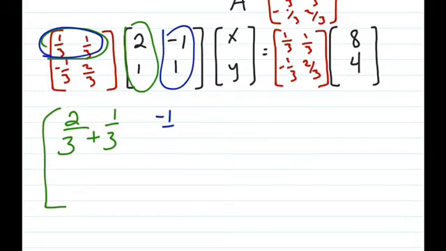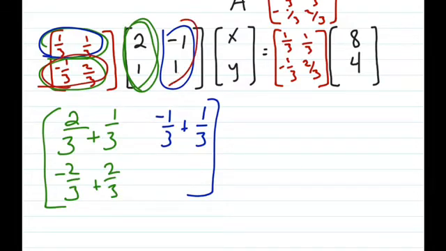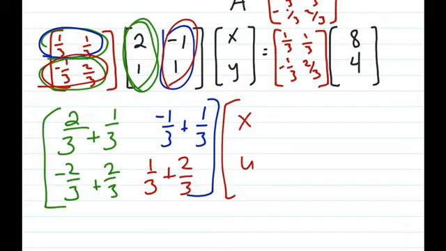So we're going to have negative 1/3 plus 1/3. Then we're going to do this row times the first column. So negative 2/3 plus 2/3. And then we will do this row times this column. So that's going to be positive 1/3 plus 2/3. And we'll leave everything else over here the same.